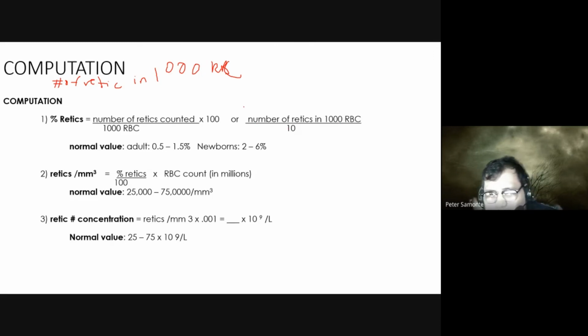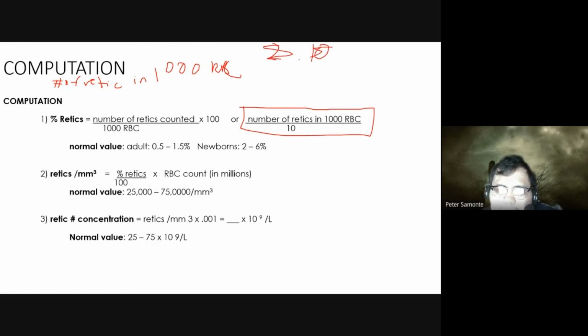So para mas madali, class, just use this second formula. So let's say ang example would be you found 12 reticulocytes. So you would get your percent retics by 12 divided by 10. You would get 1.2%. Normal value for adult is 0.5 to 1.5.